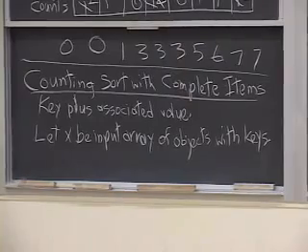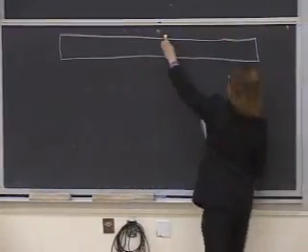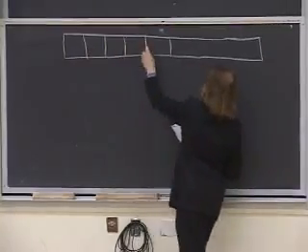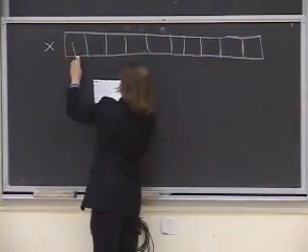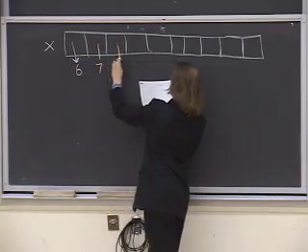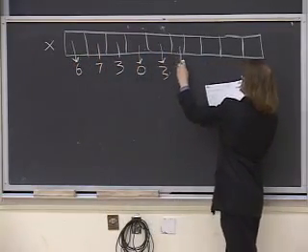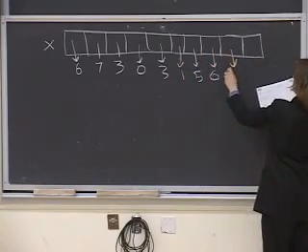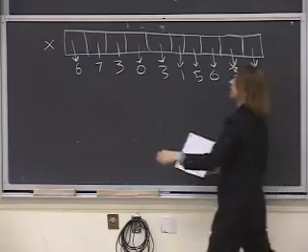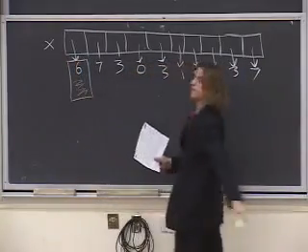And your array X maybe looks something like this. Same numbers as before. But now, each of these is actually an object that can have all sorts of other information in it as well.